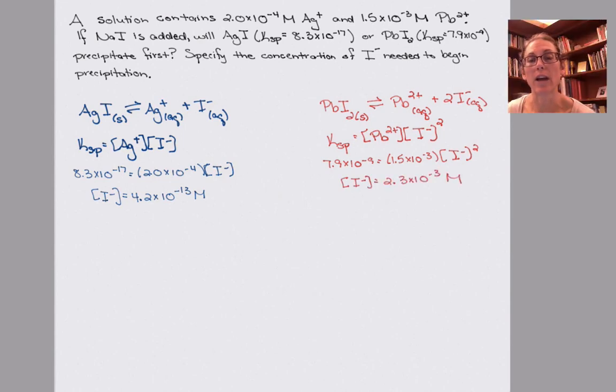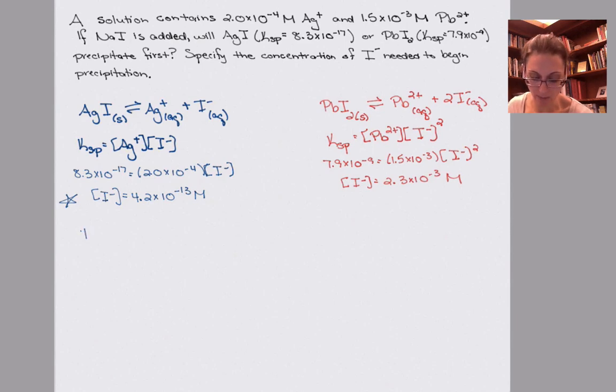So for this one, I divided 7.9 times 10 to the negative 9th by 1.5 times 10 to the negative 3rd, and then took the square root to find the concentration of iodide necessary to cause precipitation. And if you look at these two values, you'll notice that the concentration of iodide necessary to start precipitating, so to reach equilibrium, and therefore start the precipitation for silver iodide is much smaller than that for the lead iodide.